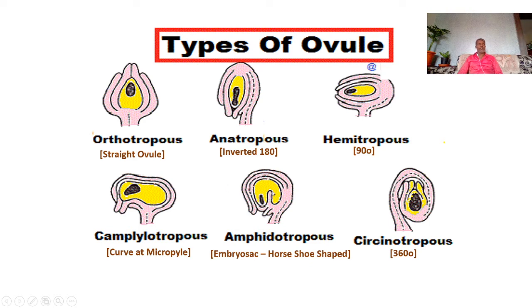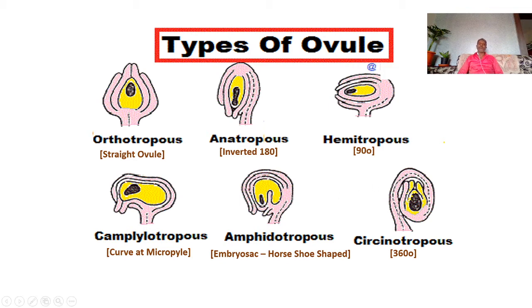But here in the amphitropous ovule, the embryo sac is very much curved and horseshoe shaped. So you have to remember this. This type of ovule is seen in Alismataceae, Butomaceae, and Centrospermae families.